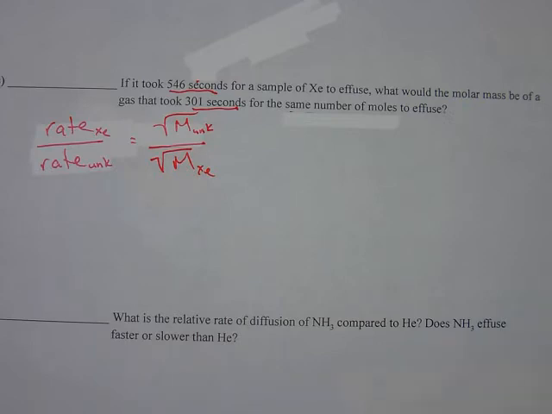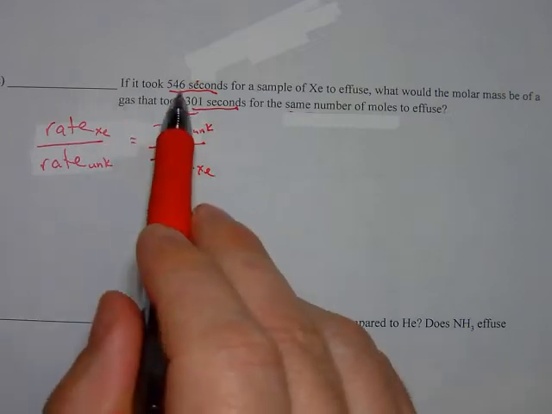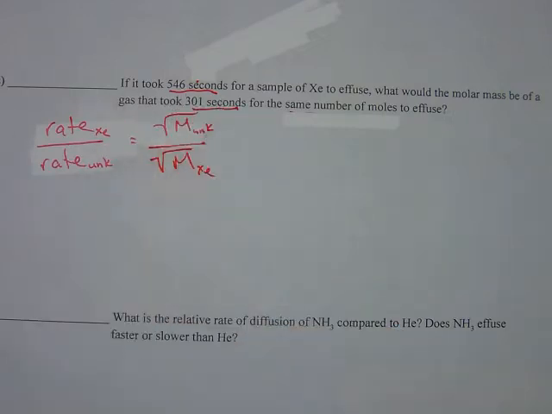A rate is, for example, like speed is distance per time, meaning time is in the denominator, right?